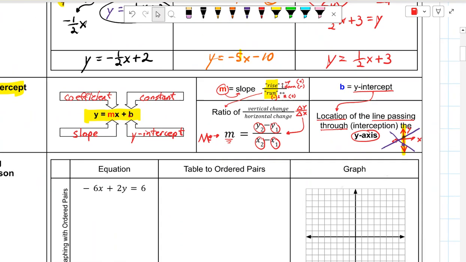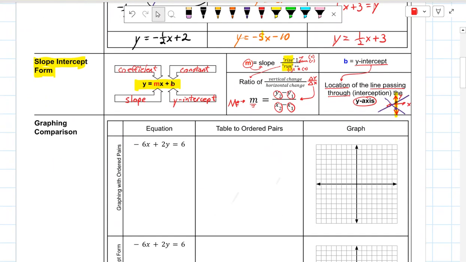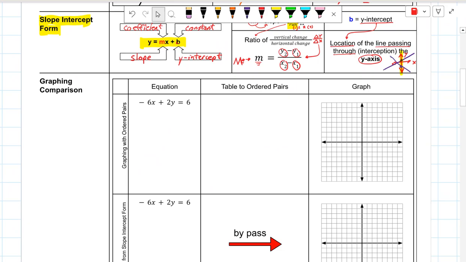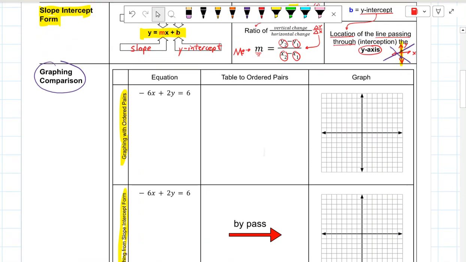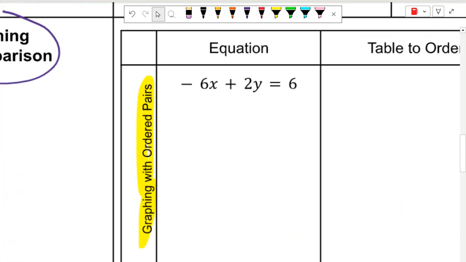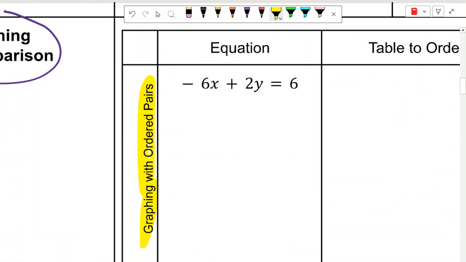All right, we've covered everything that we need to know, and now we're going to do a comparison and start practicing what we just learned. So here in this section we have a graphing comparison, between graphing with ordered pairs versus graphing from slope-intercept form. In this box at the top we have an equation in standard form. So let's fix it up into slope-intercept form.